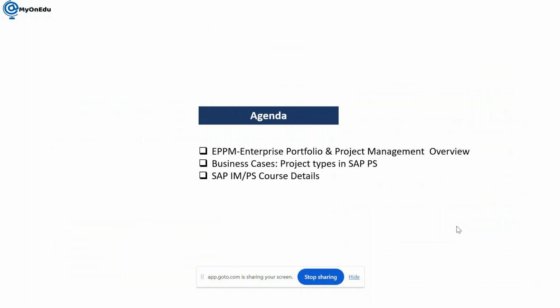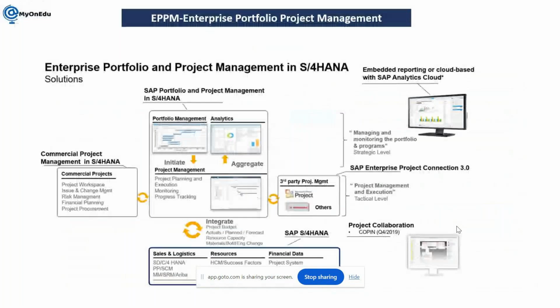So the first thing, whenever we are getting a call for SAP EPPM, Enterprise Portfolio Project Management, there are some inside modules which are part of this package. Okay, that we need to understand here, particularly in which area we are going to work. So basically SAP Enterprise Portfolio and Project Management is focusing on managing your resources within the enterprise.